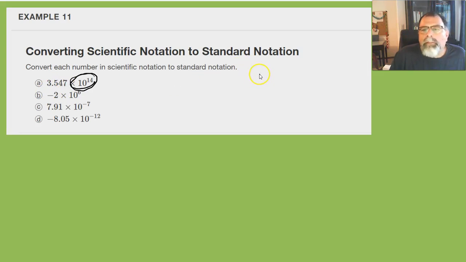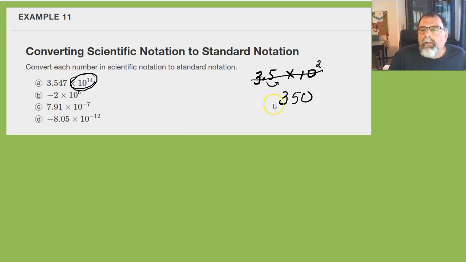So for instance, if I took 3.5 times 10, obviously that's going to be a bigger number. That would move the decimal place one place to the right, so that would be 35. If I do 10 squared, that's the same thing as multiplying by 100, and you'll see that's 350.